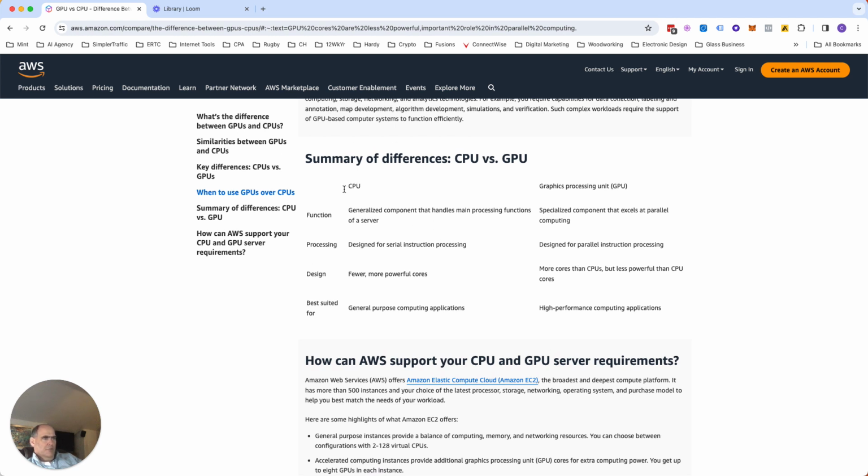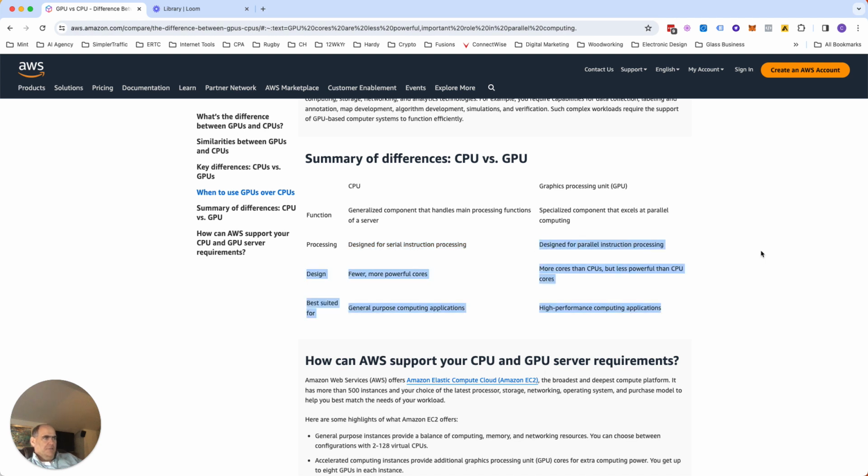So we'll go over the summary and differences here. The function of the CPU is general computing, with a more complex instruction set. The GPU is a specialized component for parallel computing. The CPU is serial instruction processing. It does have parallel units inside, but generally a serial design.